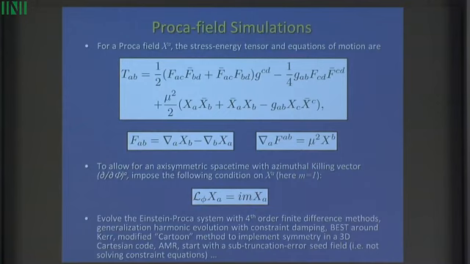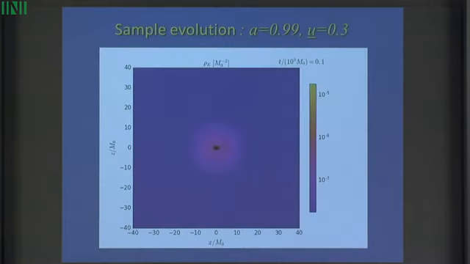The easiest way to do it is to use a complex field, so the real and imaginary parts are those two fields. That's what we did. It allows us to use an axisymmetric simulation using the so-called cartoon mesh method that Deirdre mentioned, to solve a problem which, from the matter perspective, is three-dimensional but on a two-dimensional grid. So this was a 2 plus 1 dimensional evolution.